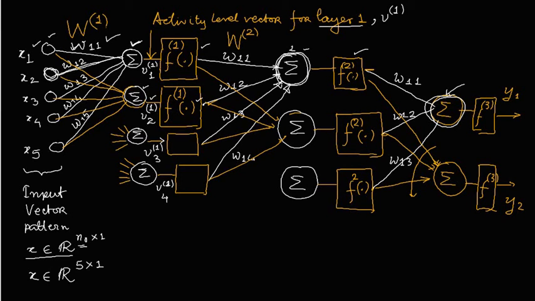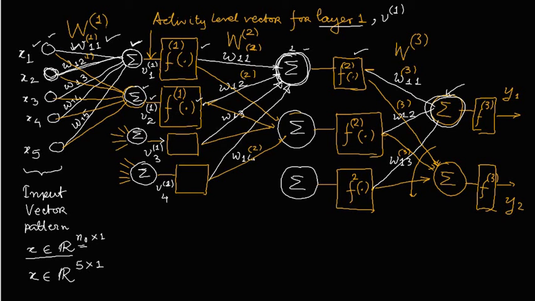So this matrix will be called W3, and these should have their individual superscripts, for all these we should have superscript 3.